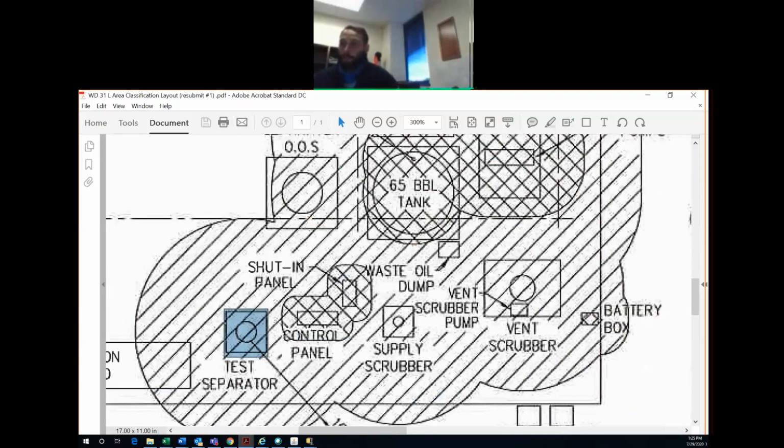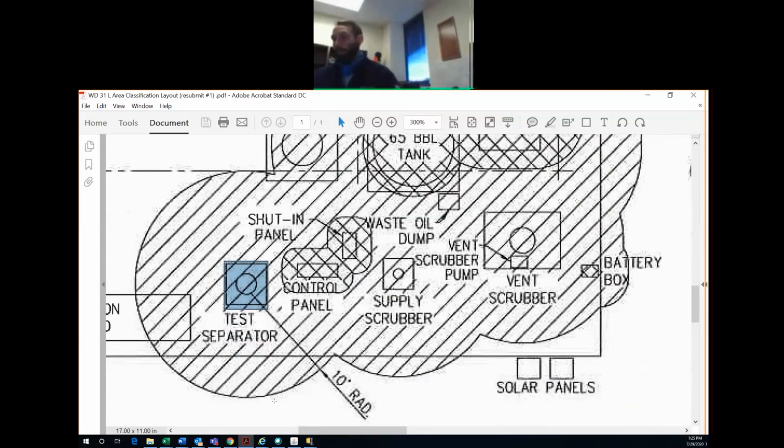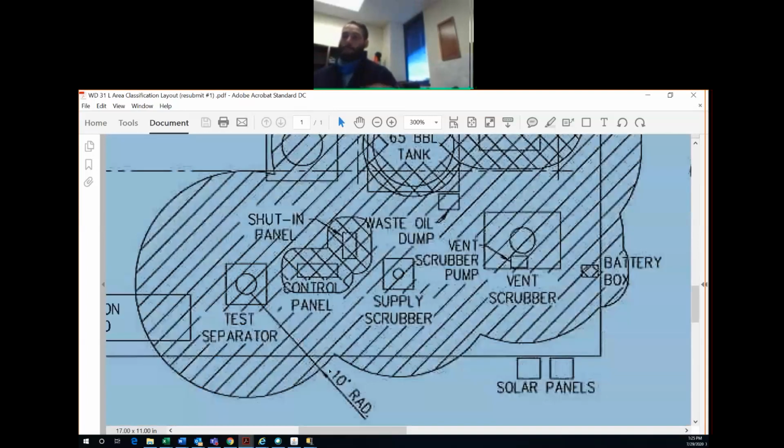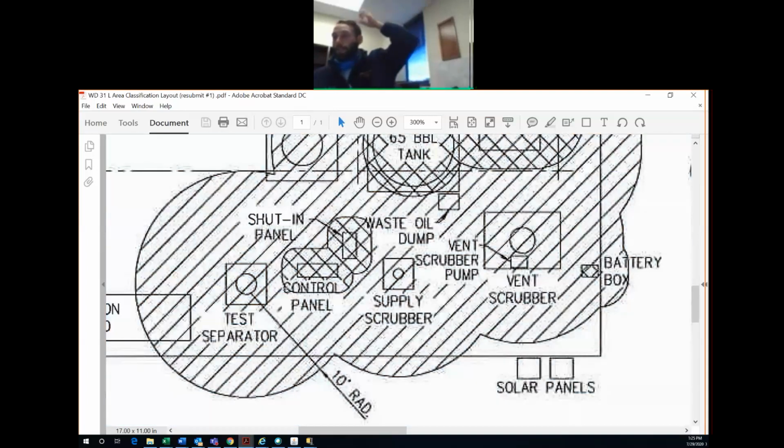The reason why this is a 10-foot radius of Class 1 Div 2, the single hash marks, is because we know that that pressure vessel will normally contain the gas, right? So it would be an abnormal circumstance for there to be gas in that area. So we're creating a division 2 area around this tank.